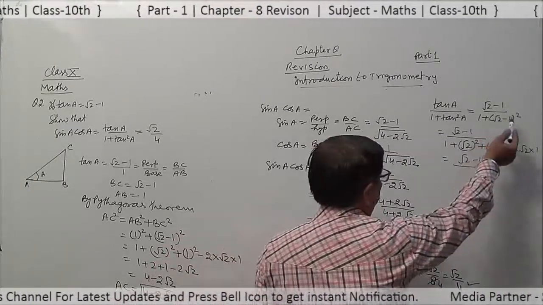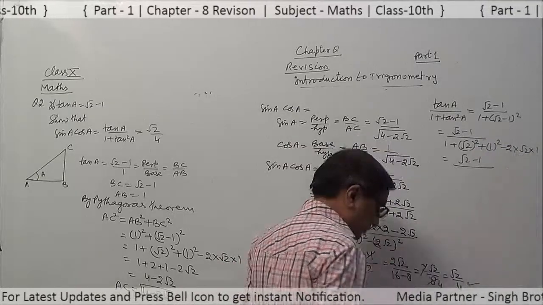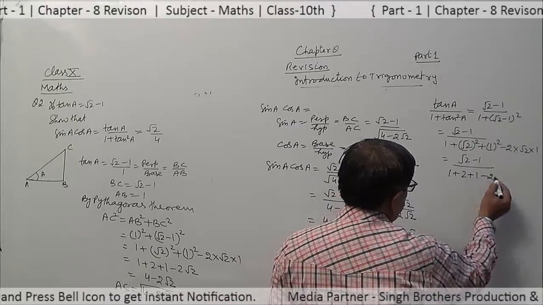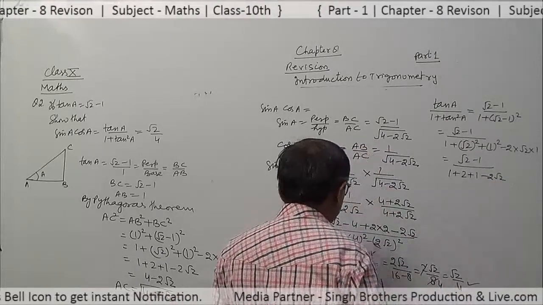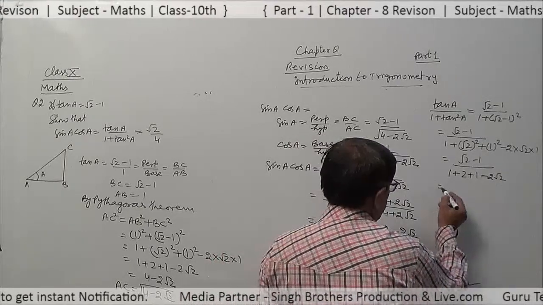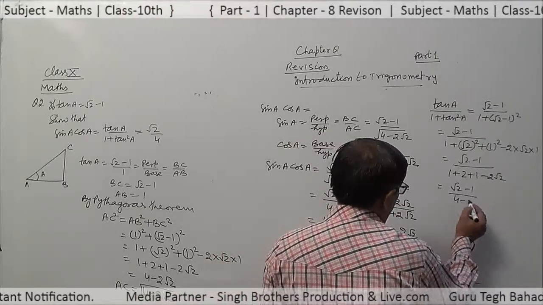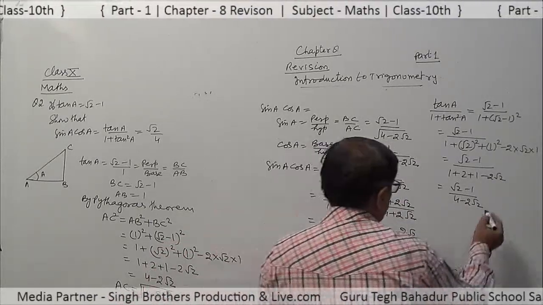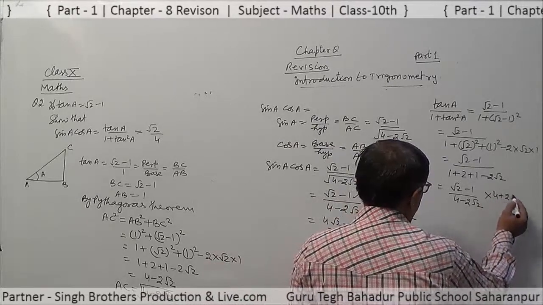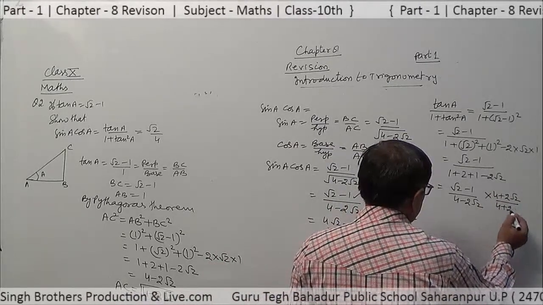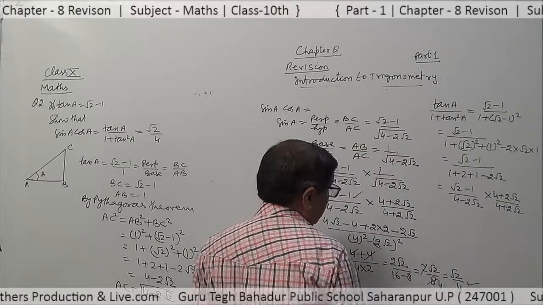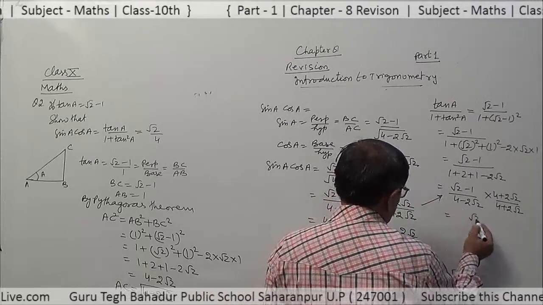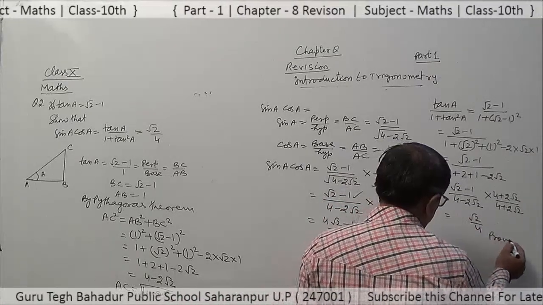This is (a minus b) whole square, a square plus b square minus 2ab. This is 1, root 2 square is 2, this is 4 root 2, 4 minus 2 root 2. You see this same thing, multiply and divide by its conjugate, same way, and we get all these things. Root 2 upon 4, hence proved.